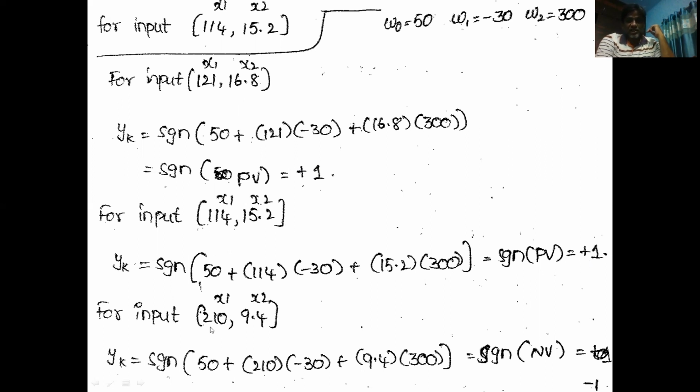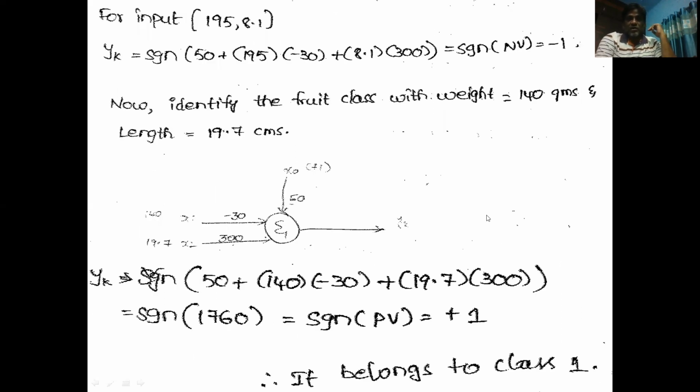For the class 2 sample 210 comma 9.4, the desired response is -1, and the perceptron is producing -1. For the fourth one from class 2, 195 comma 8.1, the desired response is -1, and the perceptron is producing -1.